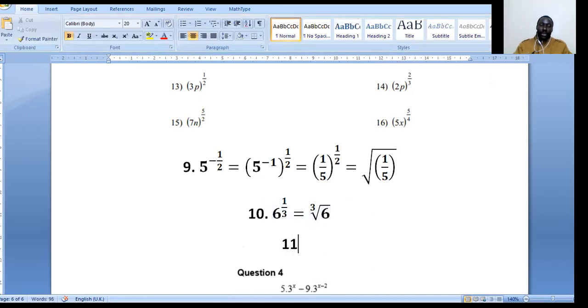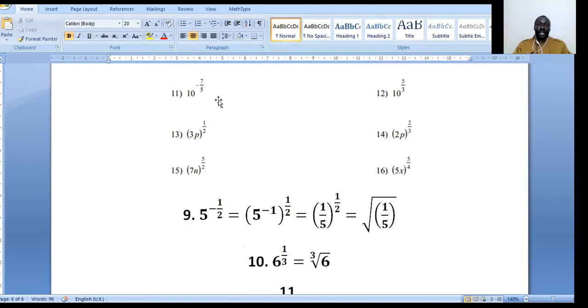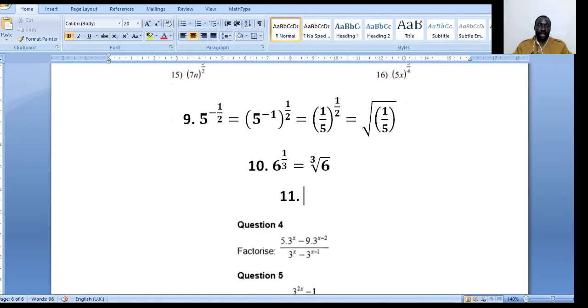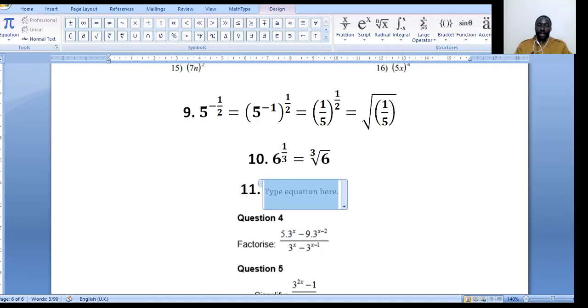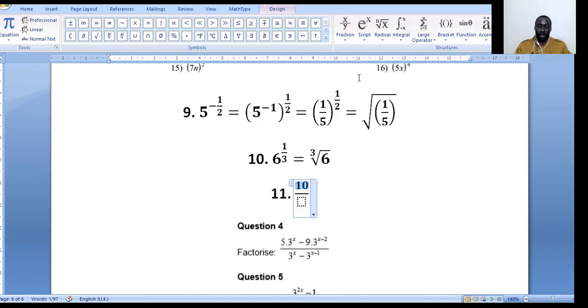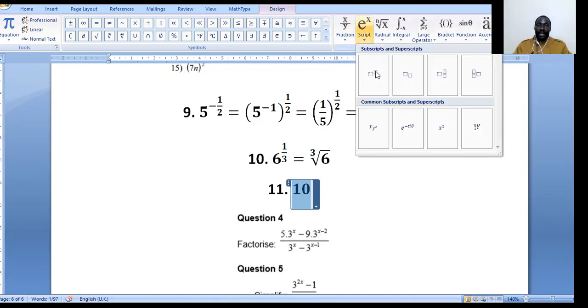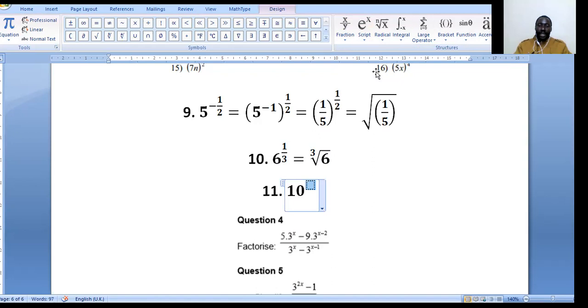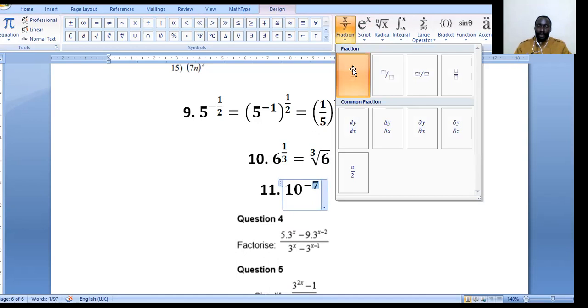Then the next question is question 11. Now in question 11, what are we supposed to do? Let's check. Well, in question 11, we have 10 raised to power -7/5. 10 raised to power -7 divided by 5.